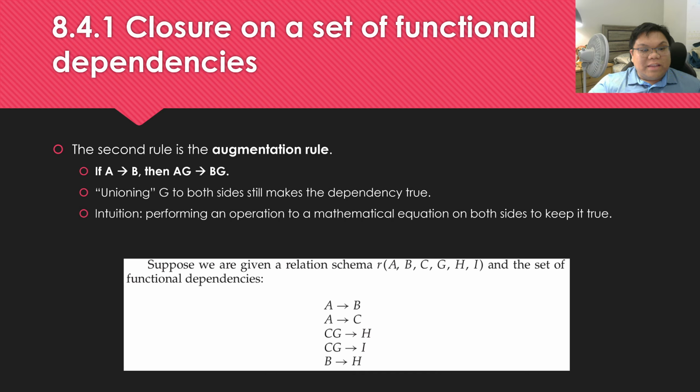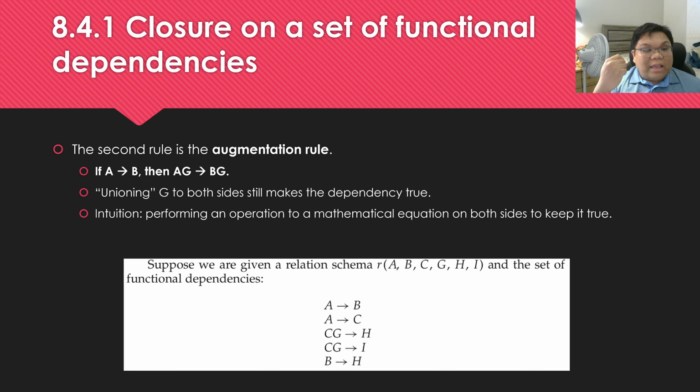The second rule is called the augmentation rule. If A determines B, then AG determines BG. It's like when you have a mathematical equation and you multiply both sides by 2 to keep the whole thing balanced.